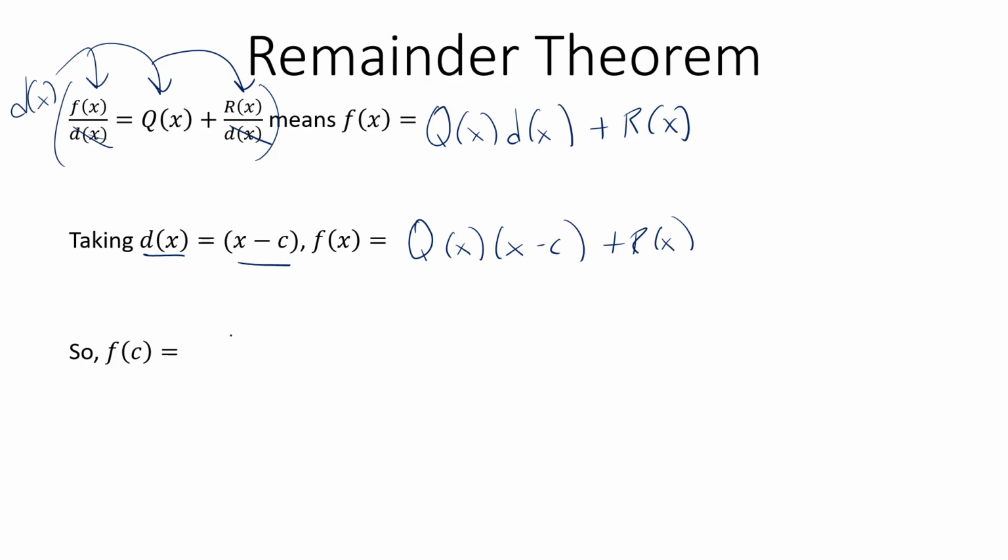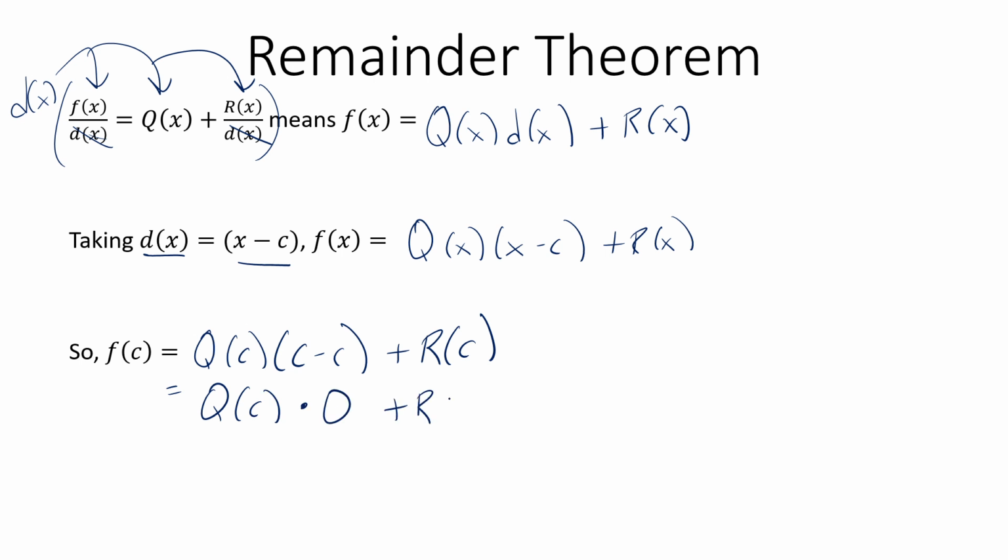So if I plugged in a c for x, this would give me q of c times c minus c plus r of c, where c minus c is 0. So I get q of c times 0 plus r of c. Anything times 0 is 0, so it would simplify down to r of c, which means that f of c would equal r of c.